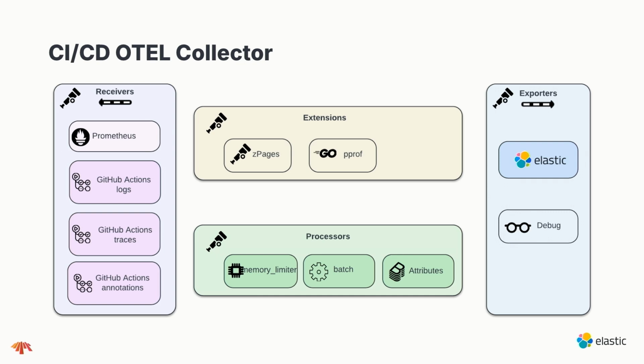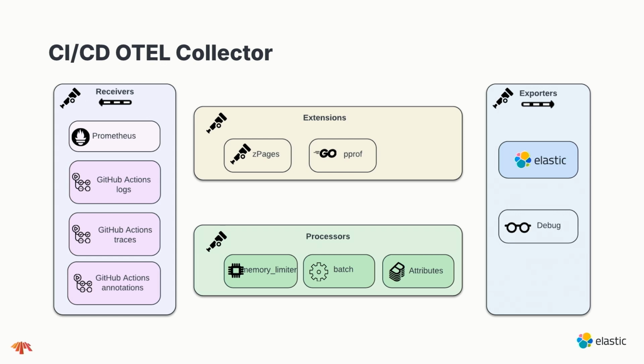So then we have specialized receivers for the logs, for the traces, and annotations. I'll explain later on what the annotation is, but the idea is everything that happens in the CI in GitHub, we want that information to be processed. So then there are extensions in the OpenTelemetry Collector, because it's a nice tool that you can use for debugging and optimizing. And then you have the processors.